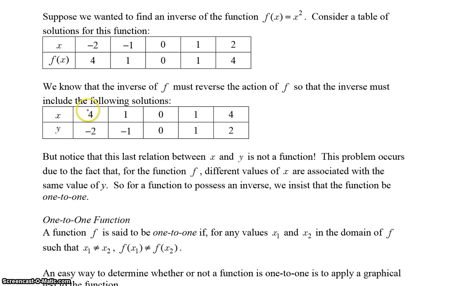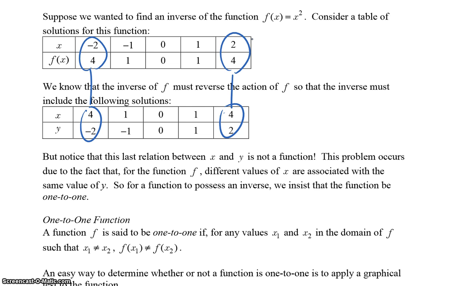If you look at the second table, let's just take as an example 4, negative 2, and 4, 2. These correspond to reversals of negative 2, 4 and 2, 4 from the table for f of x equals x squared above.